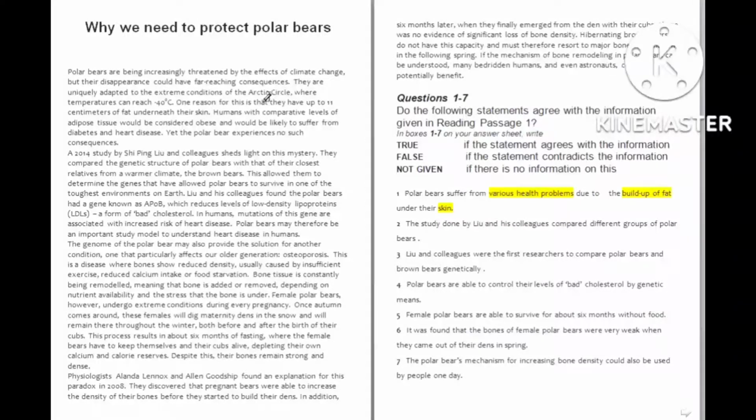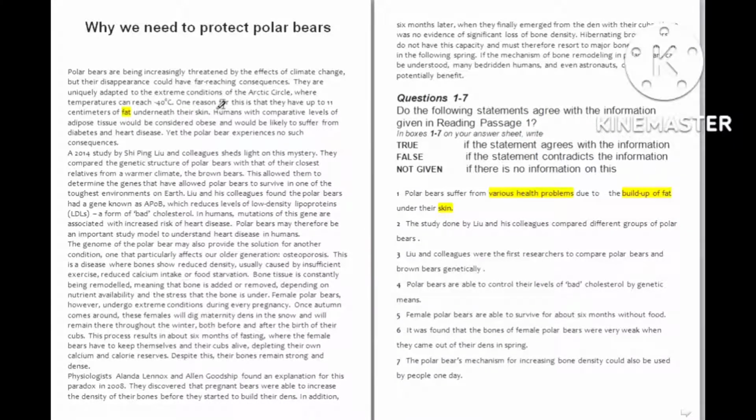We find the word fat in the first paragraph because true false not given is in order. So we start from the first line. We find the words health problems, skin and build up of fat. We find the word fat here.